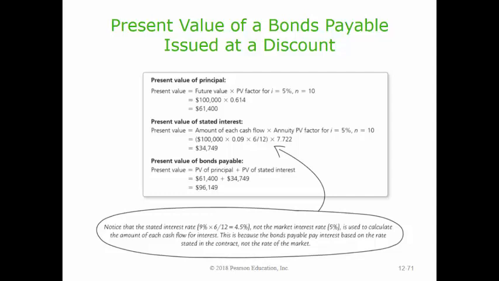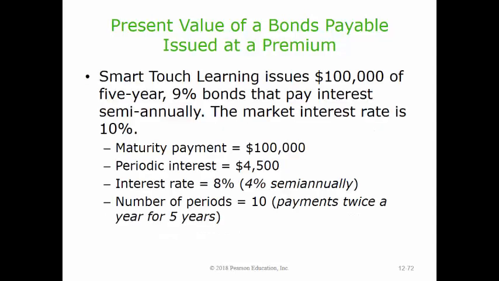The present value of the bonds is the sum of the present value of the principal plus the present value of the interest payments, $96,149, equal to $61,400 plus $34,749.